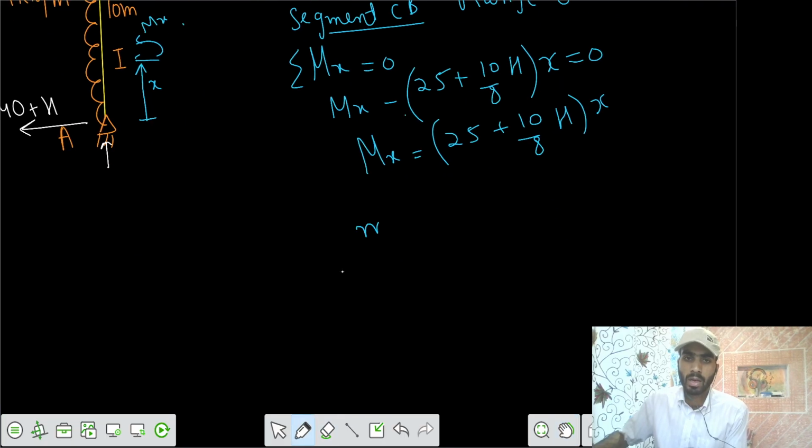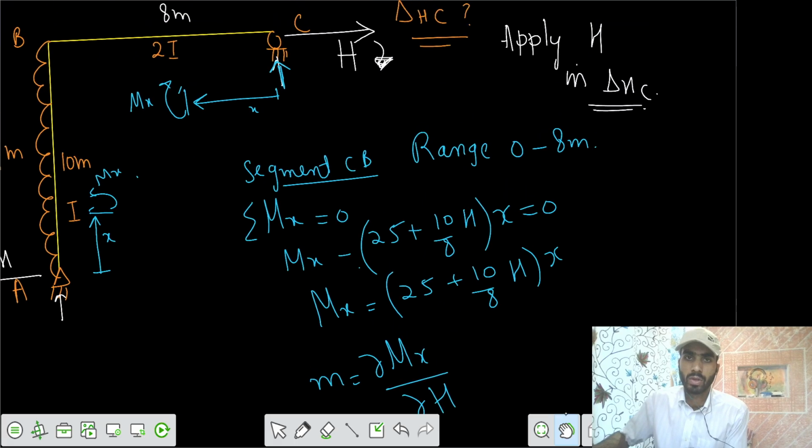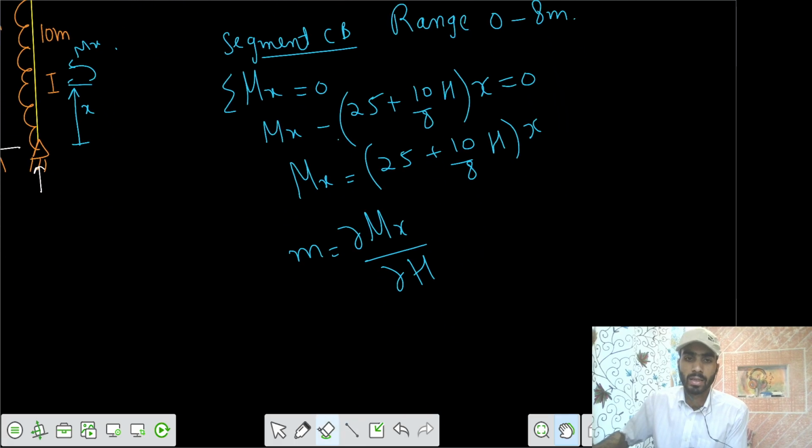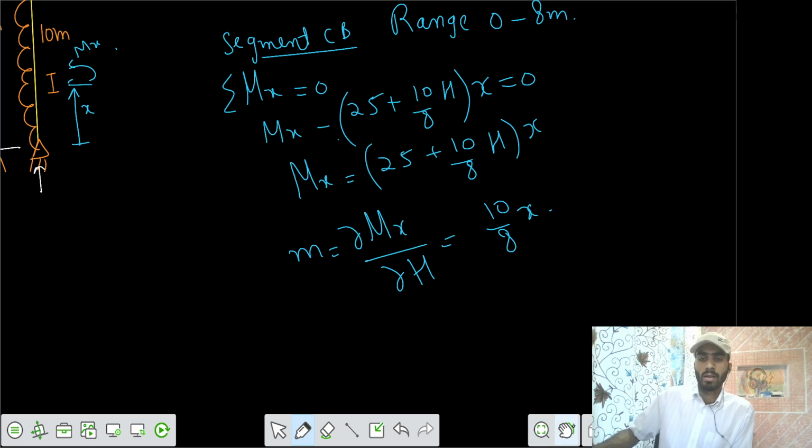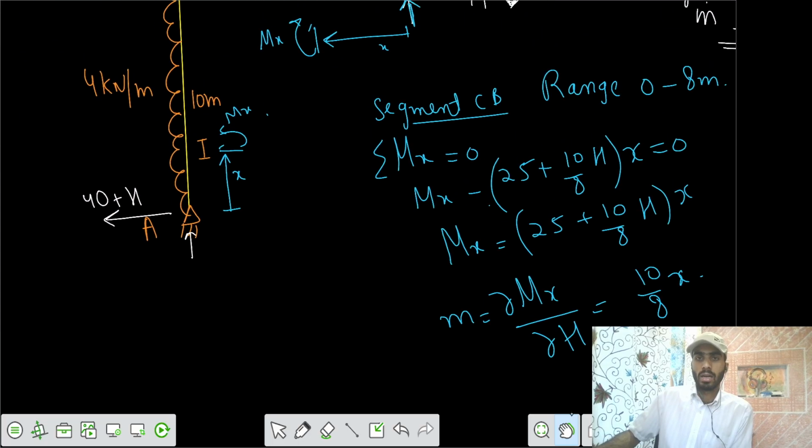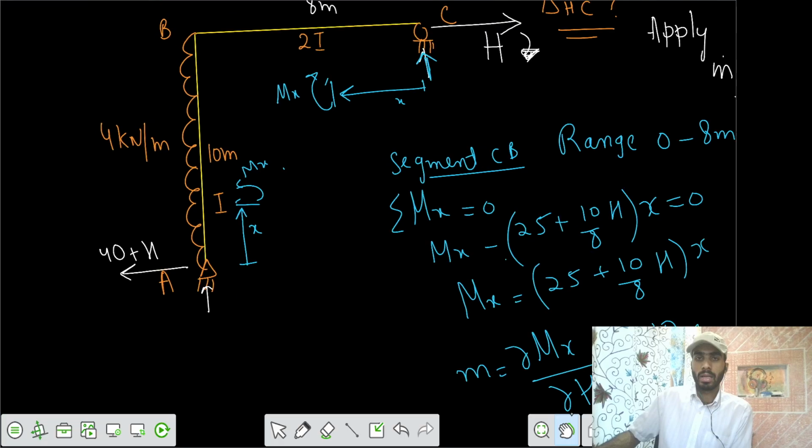The small m we write as dou mx by dou H, because your H is that pseudo load where you want to find the delta. So it becomes 10 by 8 of X. Finally you got the moment mx and small m in the segment CB.